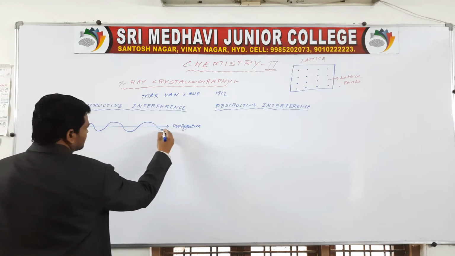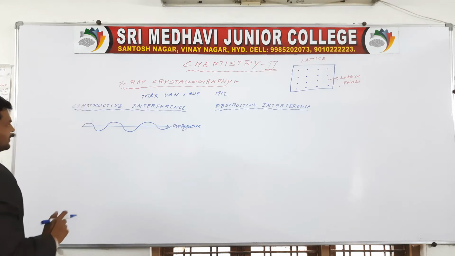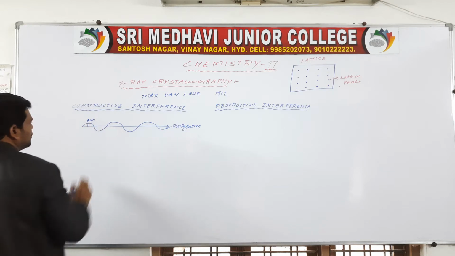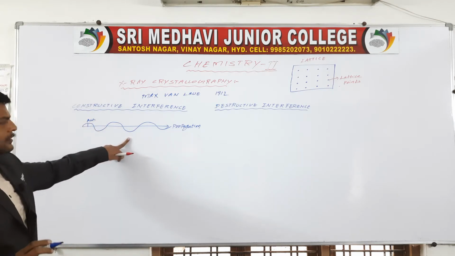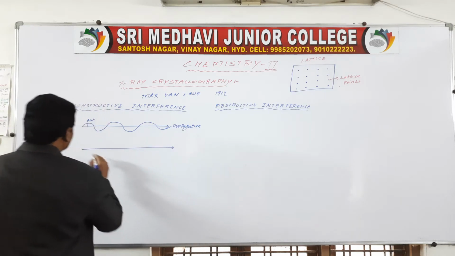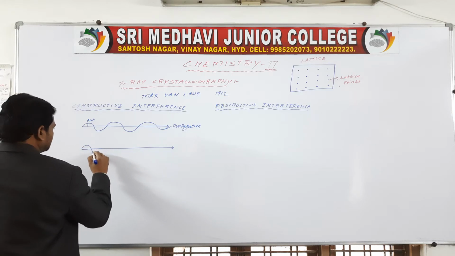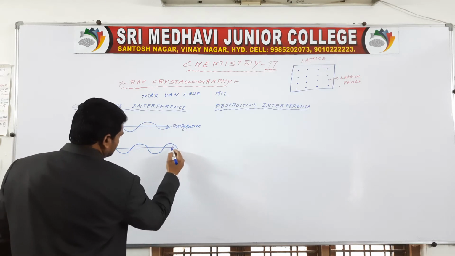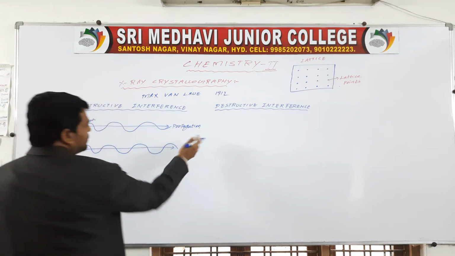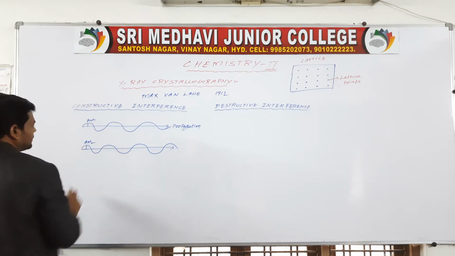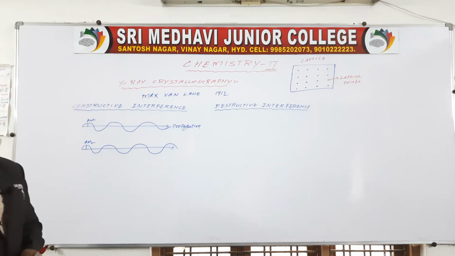Here AW1 means amplitude of wave 1. Then I am going to take one more wave, a propagation with amplitude of wave 2.